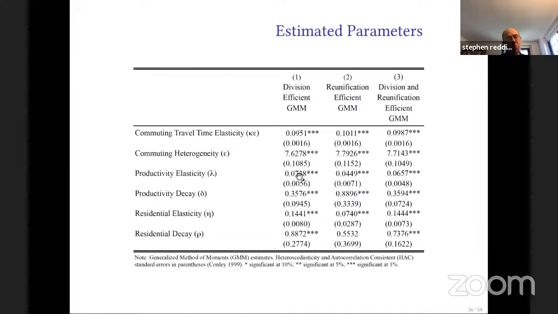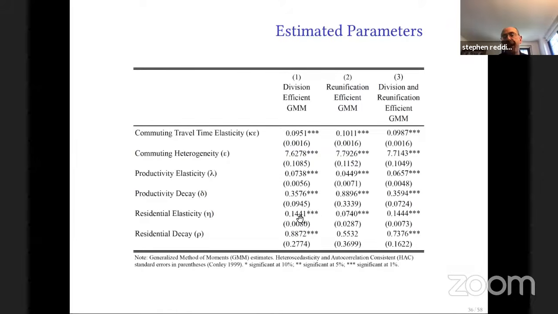And so although production externalities are strong, they decay rapidly within the city. And so city-level production agglomeration economies are lower than would be implied by this block-level elasticity because they decay in travel times. And that rapid decay in travel times is also consistent with other estimates. For example, Ahlfeldt and Henderson also find rapid decays in production externalities.